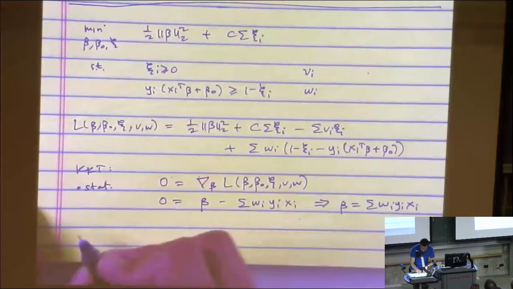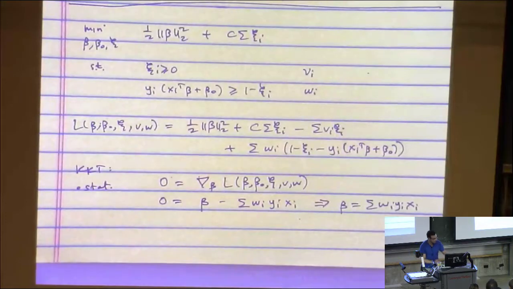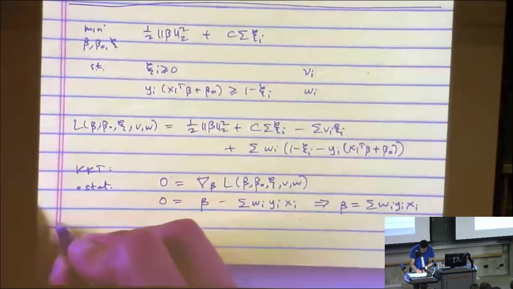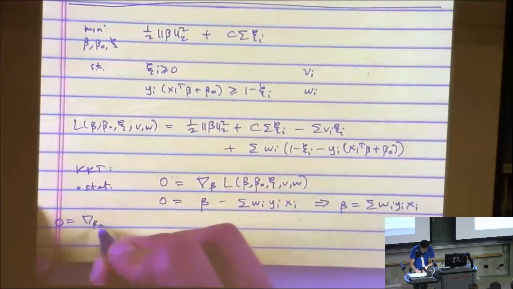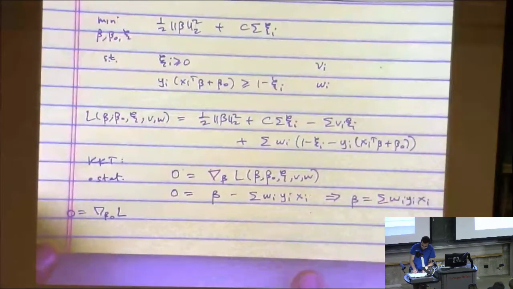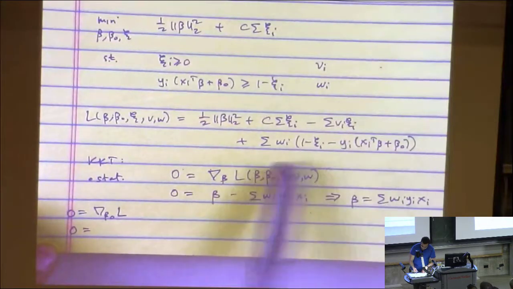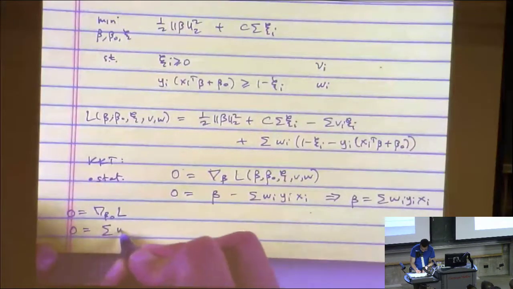So that's that block, and that's this middle piece right here. Beta is equal to the sum of w_i, y_i, x_i. And now we can also take the gradient with respect to beta naught. That's going to essentially tell us that 0 must be equal to just the sum of the w_i's times y_i, right?